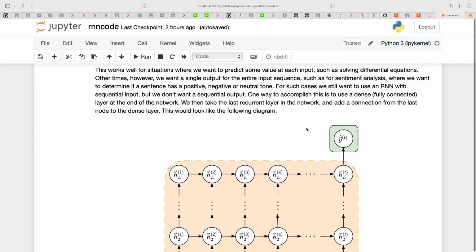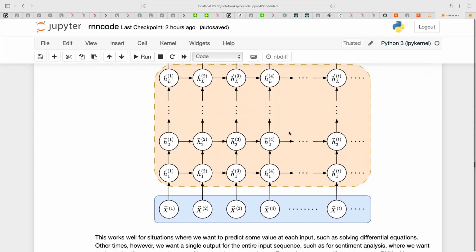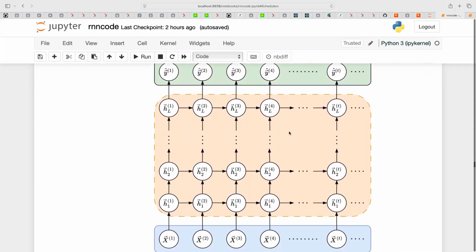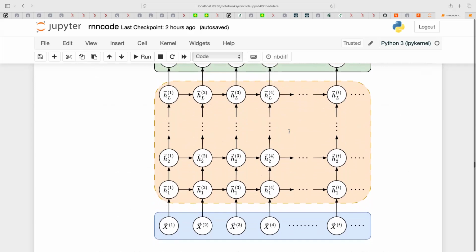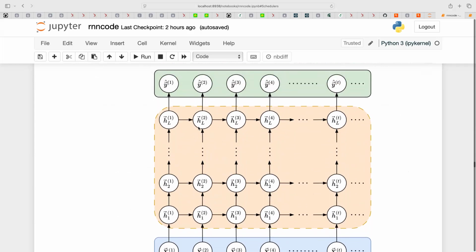This is also used in case we want to do a classification, as you will see later here. If we are training, let's say, a differential equation recurrent neural network, which trains on data from differential equations, then we would have at each time step a specific output. So then we would do the many-to-many type of training. So these are the two options which we have baked in the code here.